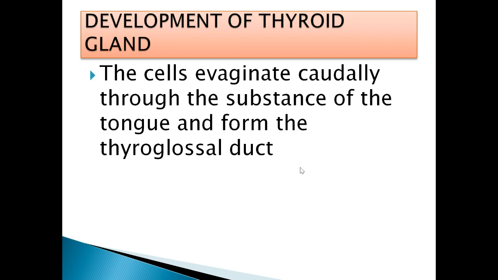Thereafter, the cells evaginate caudally through the substance of the tongue. So the elevation now is burrowing inside the substance of the tongue so that it will be called as the thyroglossal duct. So first as median rudiment, then into the substance of the tongue as the thyroglossal duct.